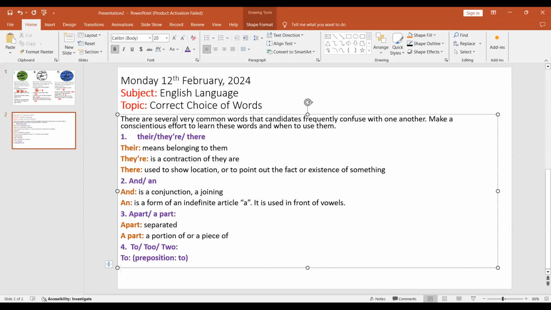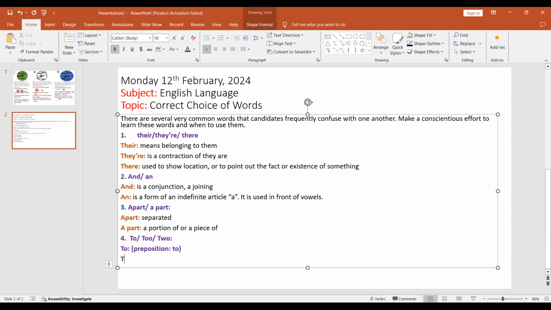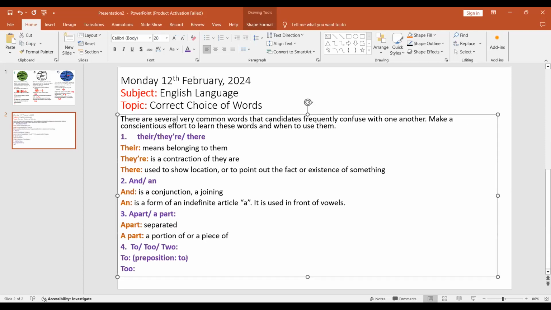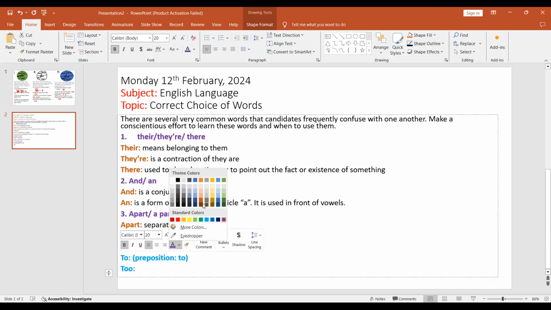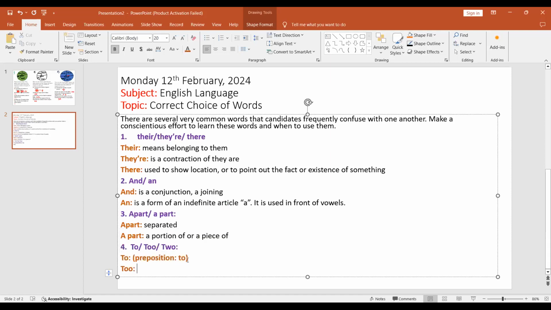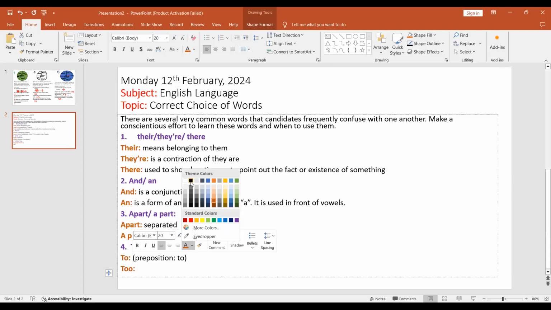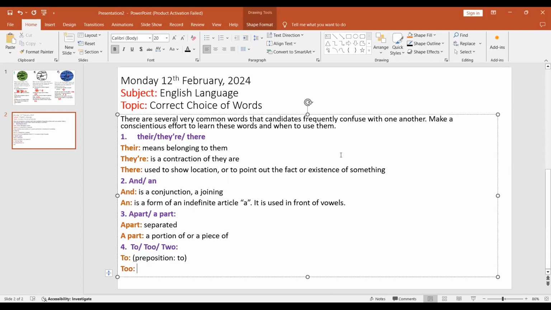All right. The next one, what is that? "Also." Okay, that's in the area. Anyone else? What does T-O-O mean? It's like very. Someone said it.